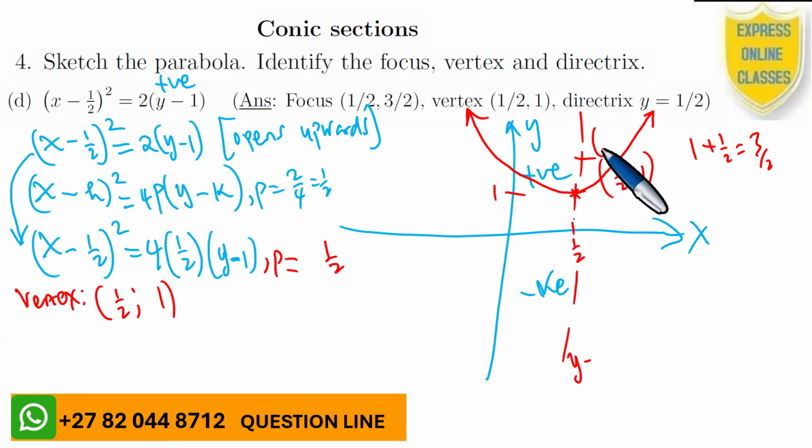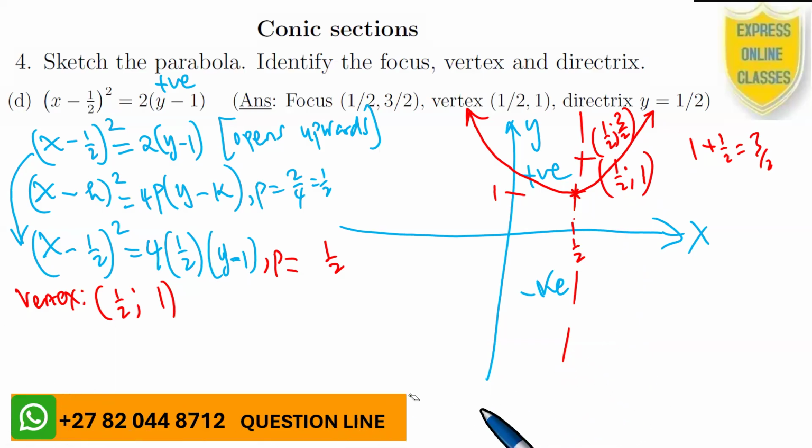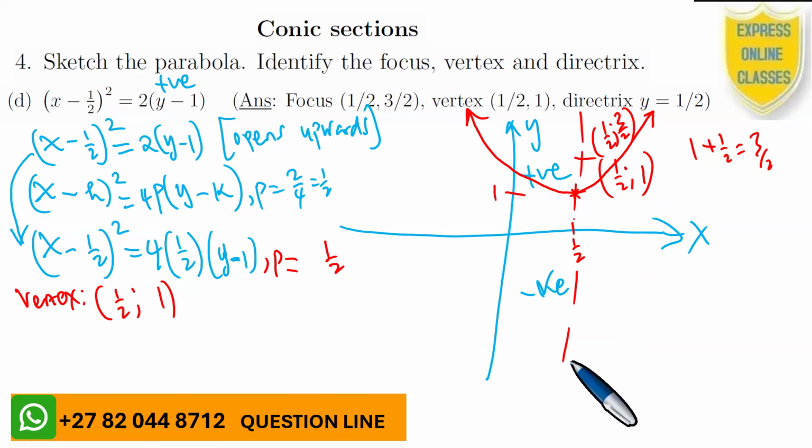The y is going to be 3/2. The x will remain 1/2. And then you subtract going down. Here we're saying that this line of symmetry, the axis of symmetry, is x equals 1/2.